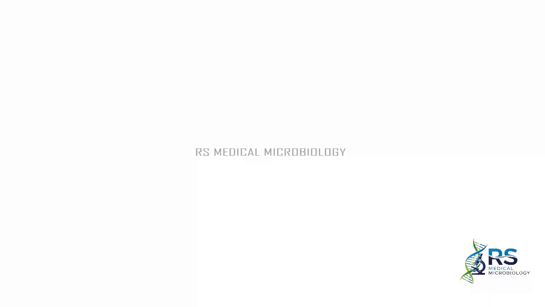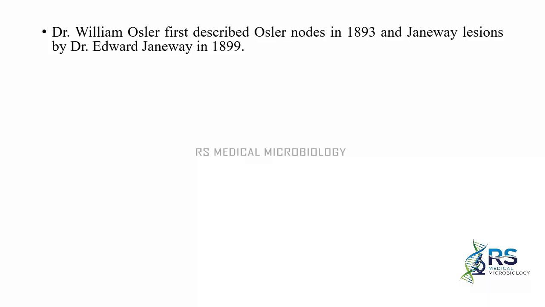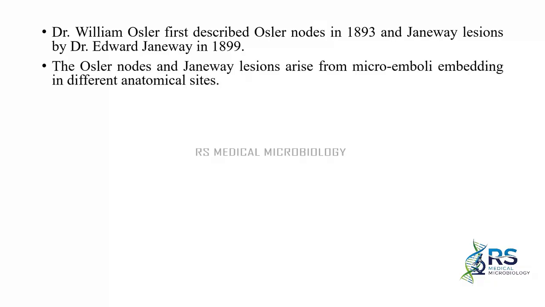So, these Osler's nodes and Janeway lesions were identified in the late 1800s. These are basically microemboli which can settle in different areas, causing some particular lesions which are known to be associated with infective endocarditis.